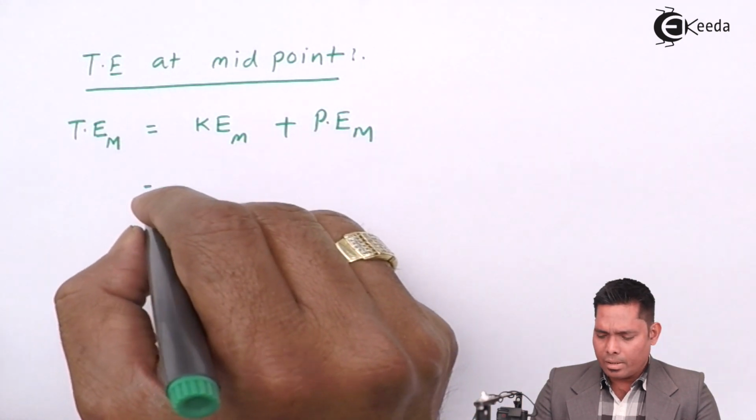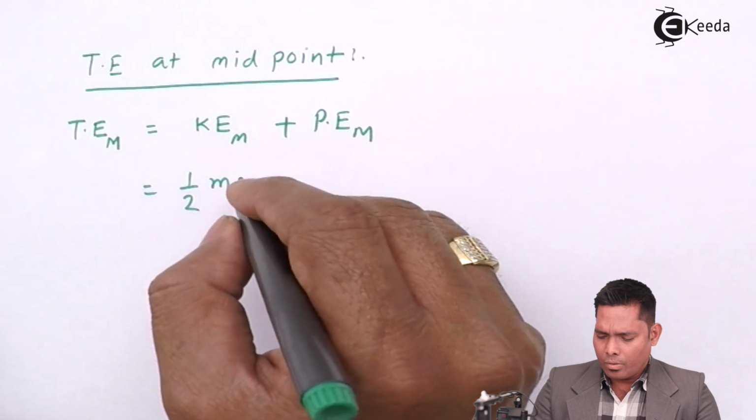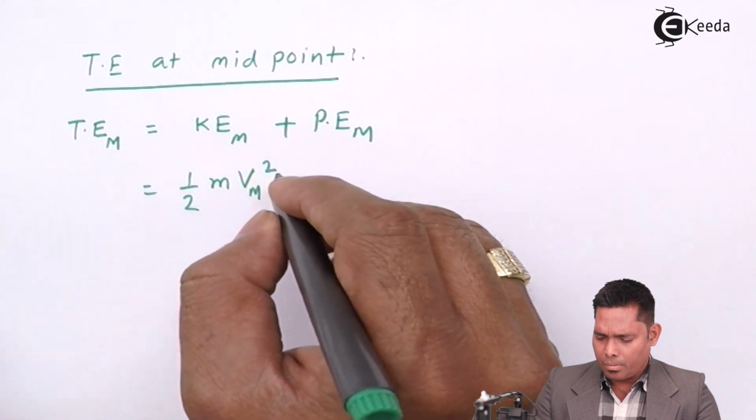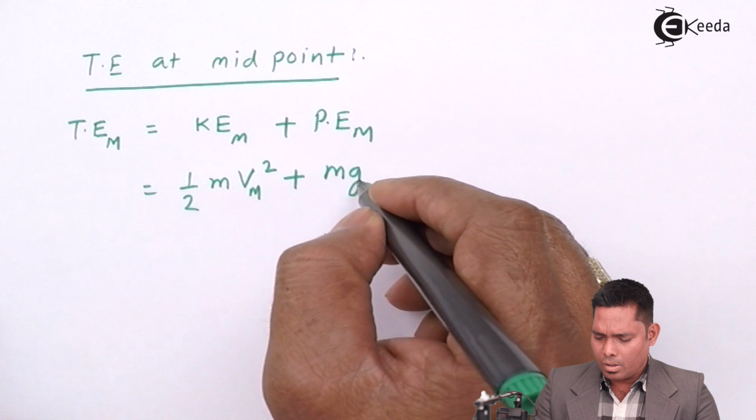The kinetic energy is half m Vm squared plus potential energy mgh.